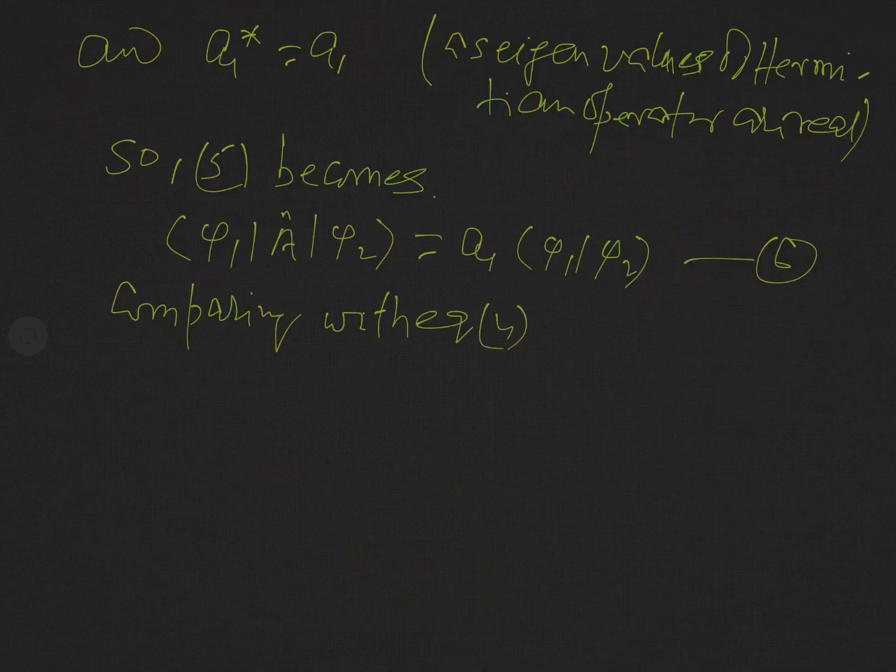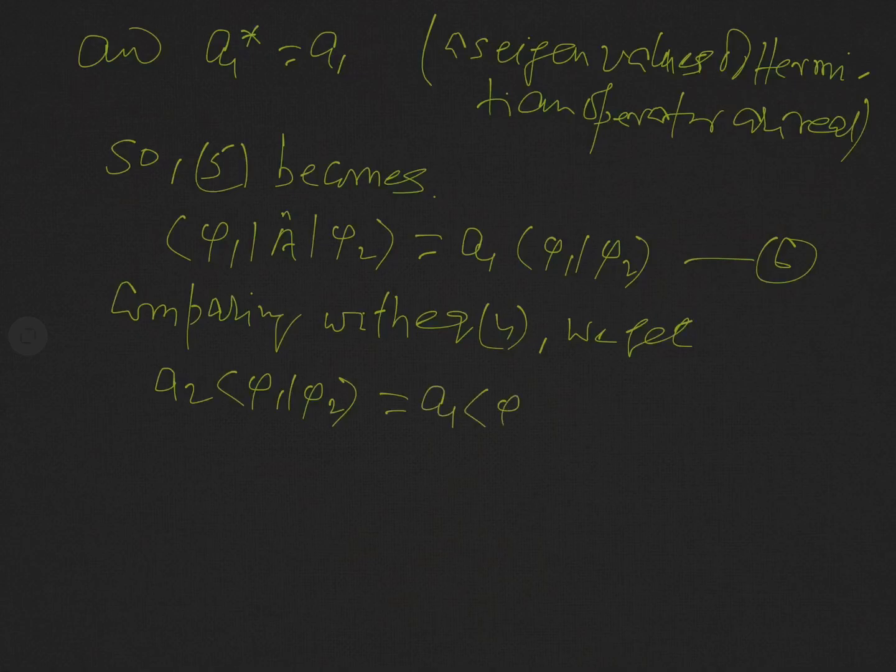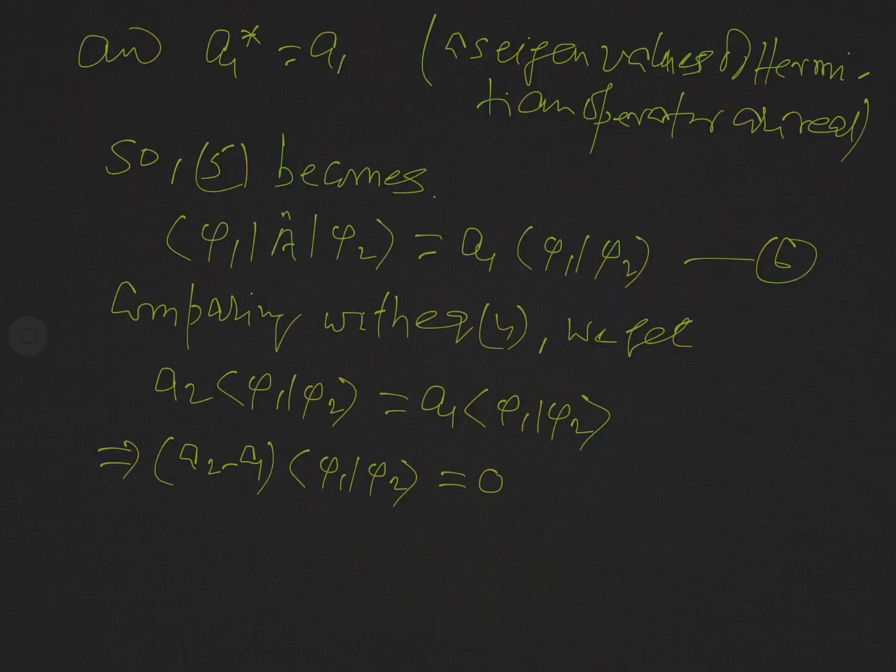Comparing with equation 4, we get A2 times the product of phi 1 with phi 2 equal to A1 times the product of phi 1 with phi 2, and this implies A2 minus A1 times the product of phi 1 with phi 2 is 0.